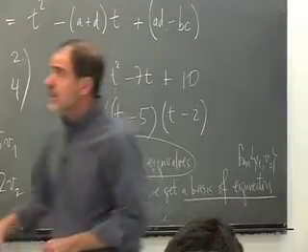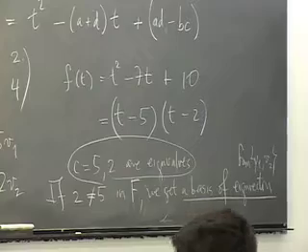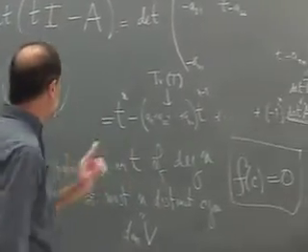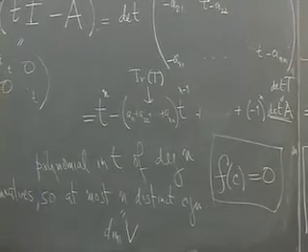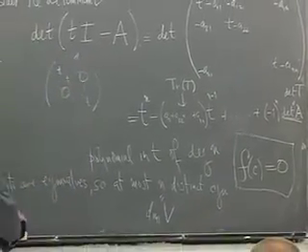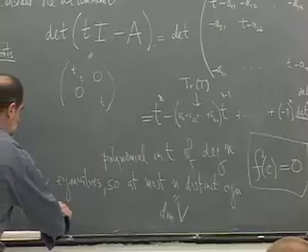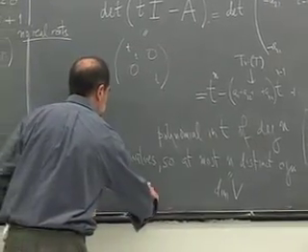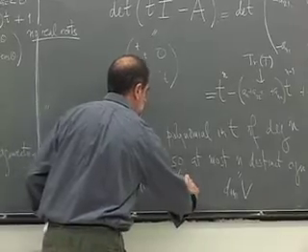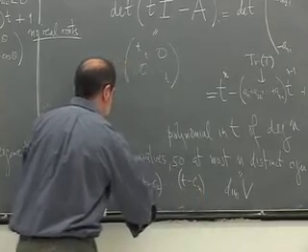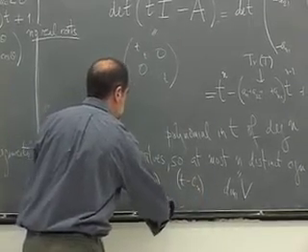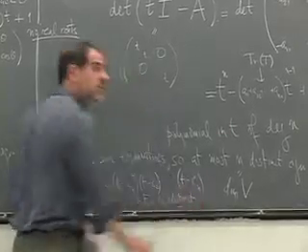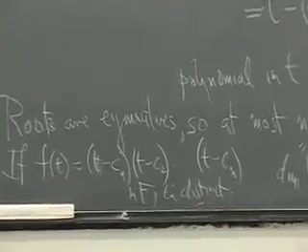In general, if you are so lucky that your characteristic polynomial factors completely into distinct roots, t minus c1, t minus c2, t minus cn in F, with the ci distinct, and that's not so unreasonable a thing to ask, although it fails in these two cases.